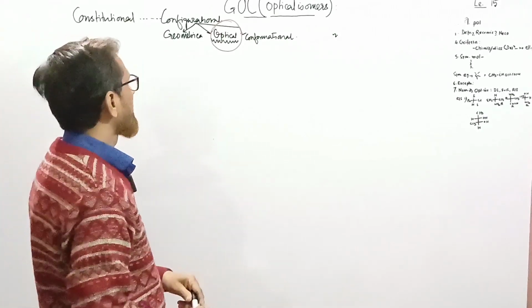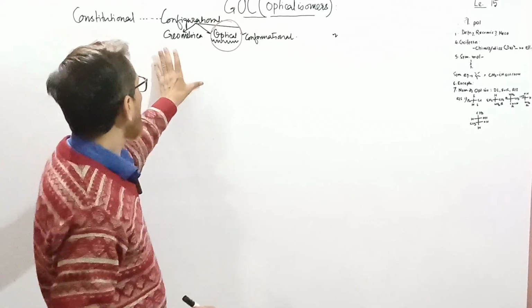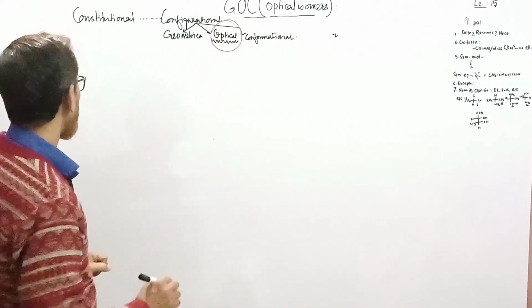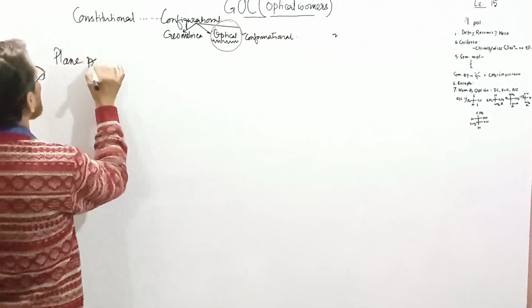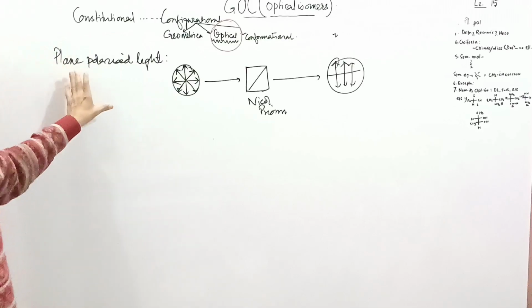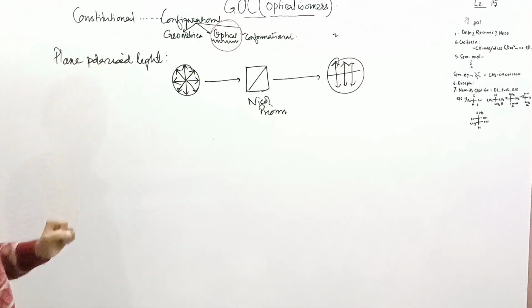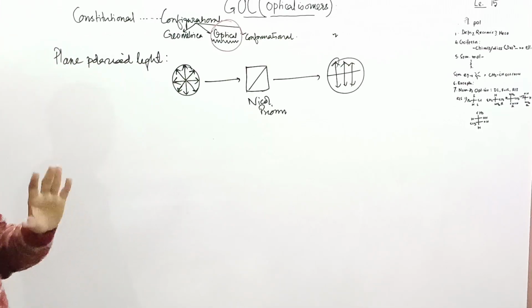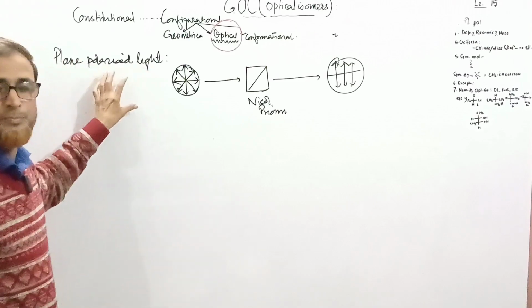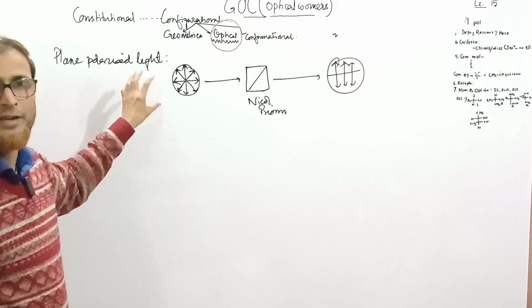So first of all, before coming to optical isomerism, I will just explain one term first. It is a term you will get in physics in a well-defined manner. I will try to explain plane polarized light, because this point will come over and over again.